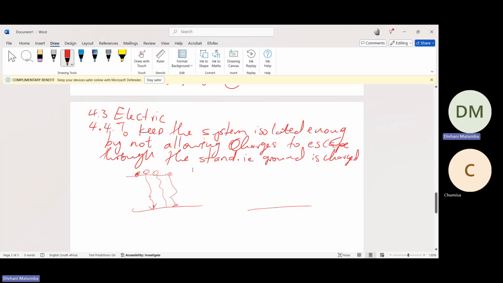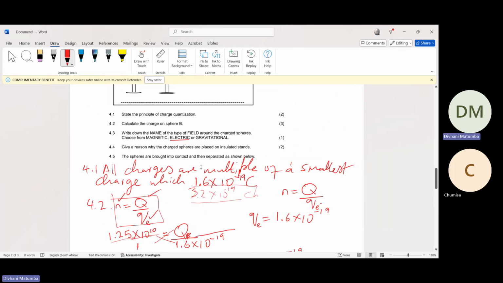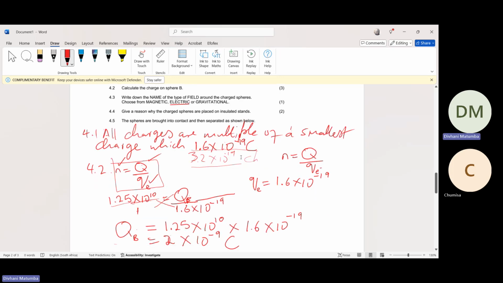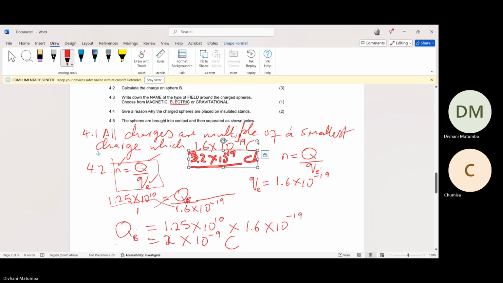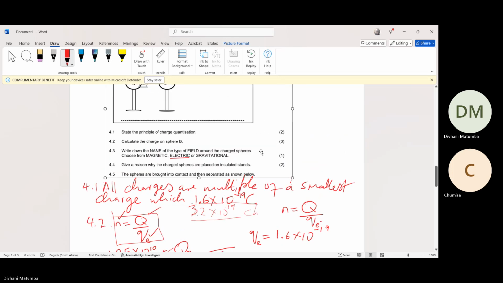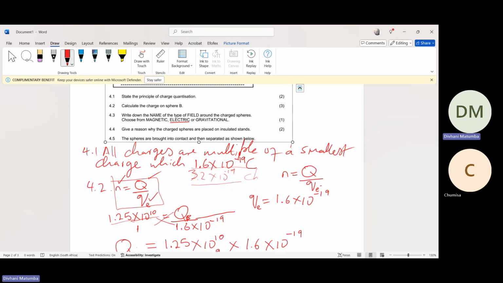Okay, so let's see what the last question says. The spheres are brought into contact and then separated as shown below.